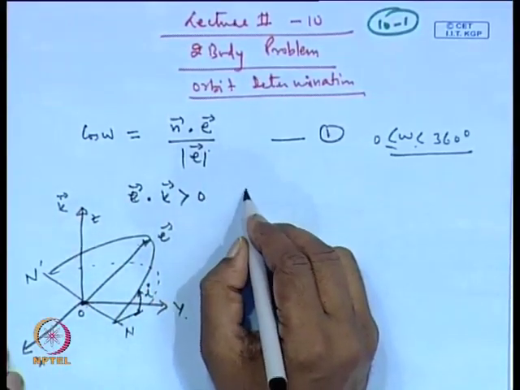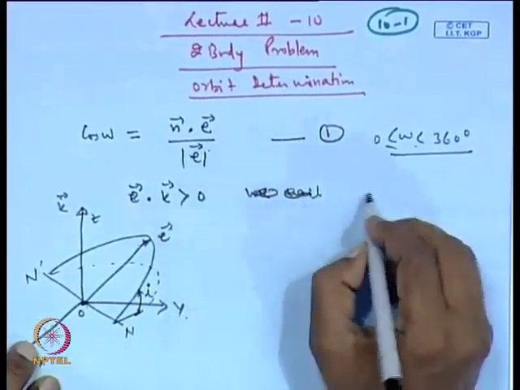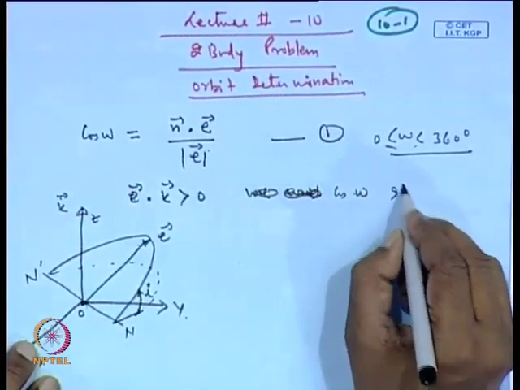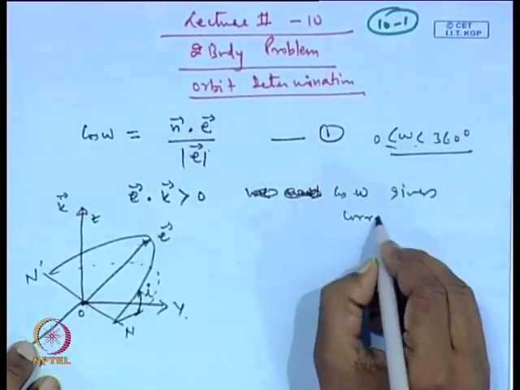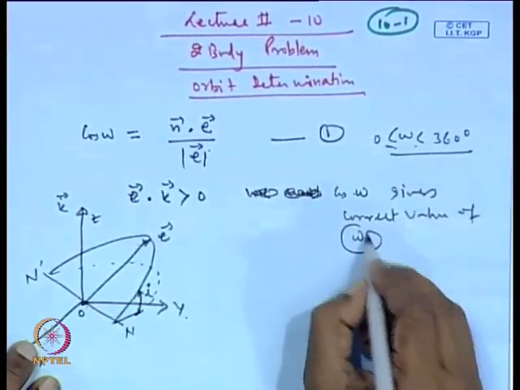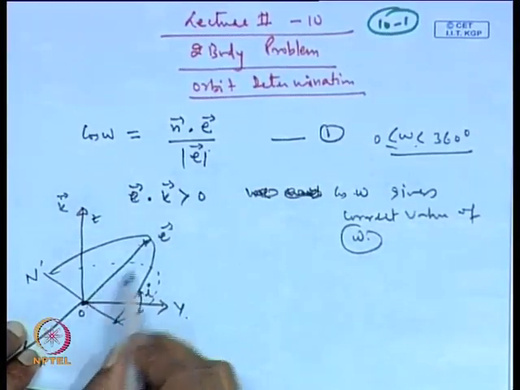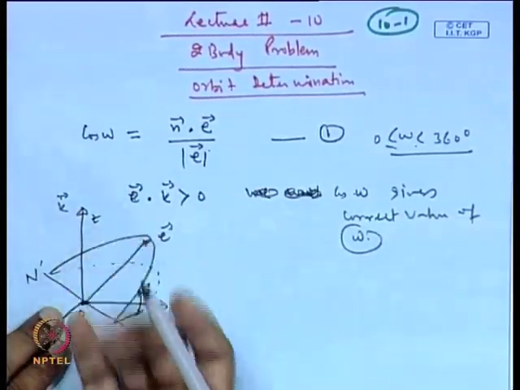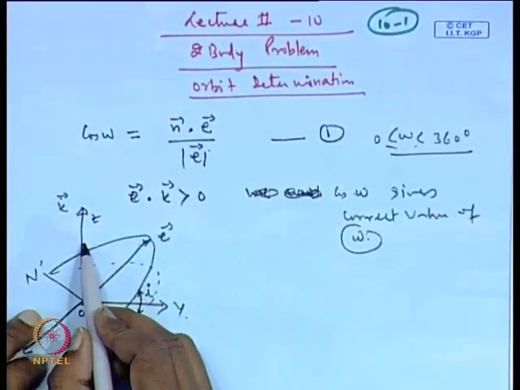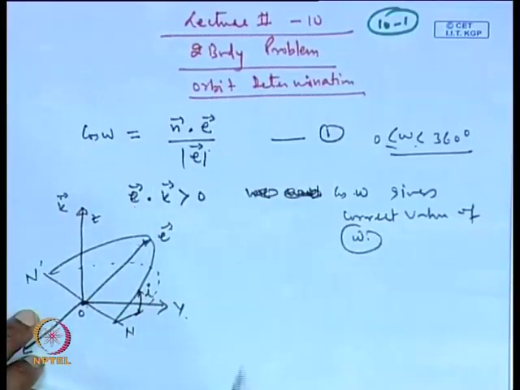Here what we will do is, if E dot k is greater than 0, then cos omega gives the correct value of omega. If the E vector is lying above this plane, meaning the z component of the E vector is positive, then the dot product E dot k will be greater than 0.